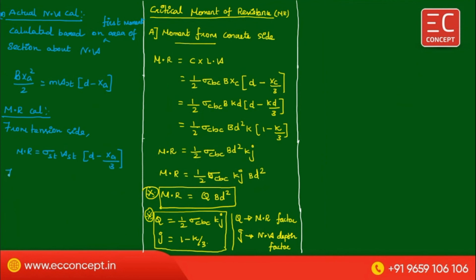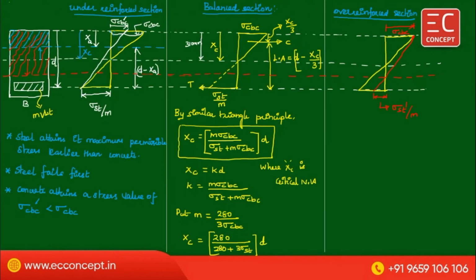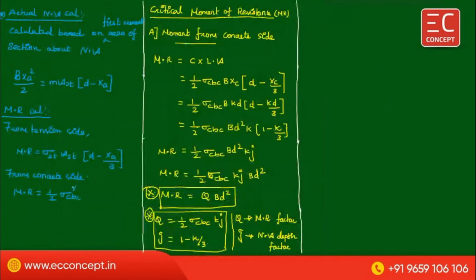Okay, now if you take moment from concrete side, then moment of resistance is equal to 1 by 2 into sigma CBC dash. Be careful, because in the compression zone only this much portion is stressed, not fully stressed. Okay, therefore sigma CBC dash into XA into B into D minus XA divided by 3.